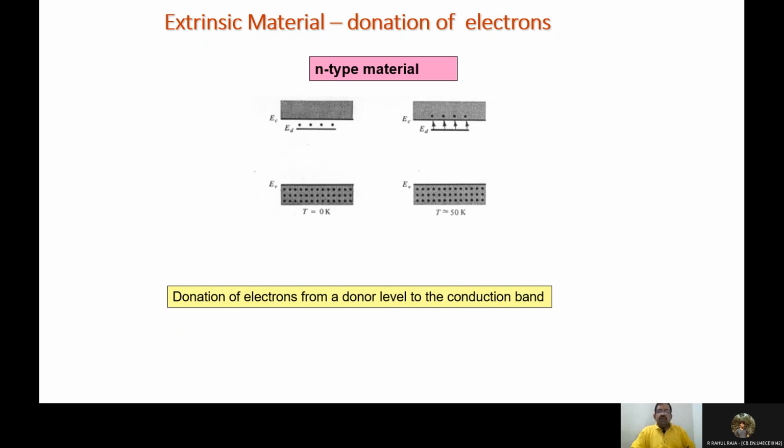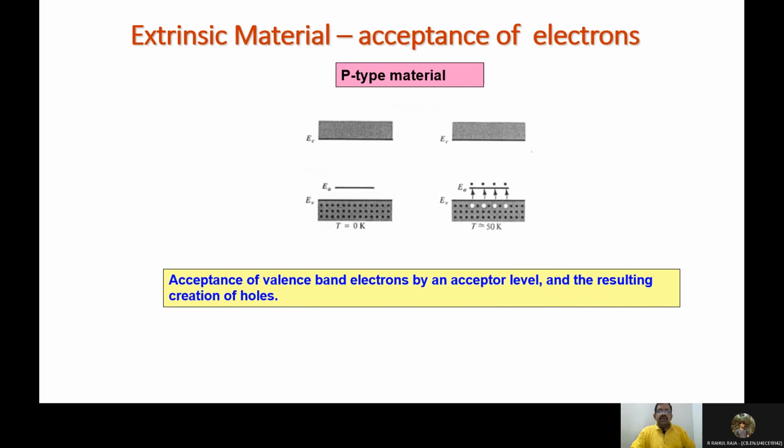Similarly, when we talk about the p-type material, when boron or gallium or aluminum is added to the silicon, boron has 3 valence electrons, so one state is empty as far as the silicon valency of 4 is concerned.